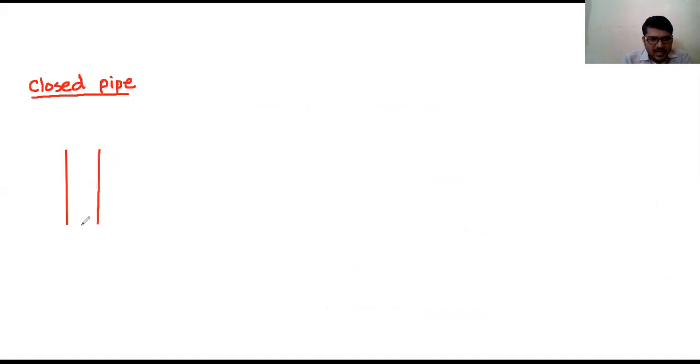This end is open. You can see here how the antinode will form.